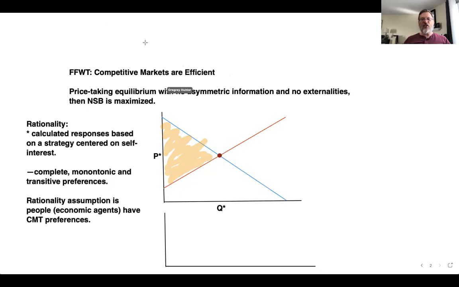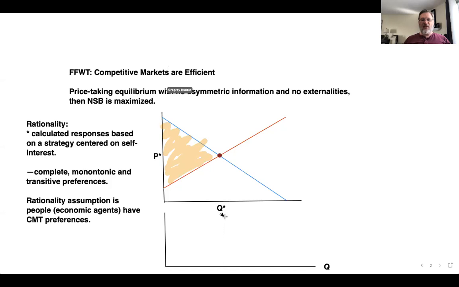Can you still see my second set of axes here, or do I have to move something? We can see it. Okay. I'm going to label this with Q, and you can see that Q star would also correspond to a point down here on this axis, right?